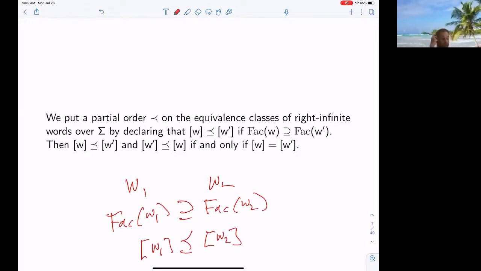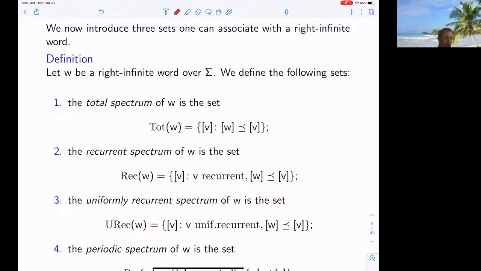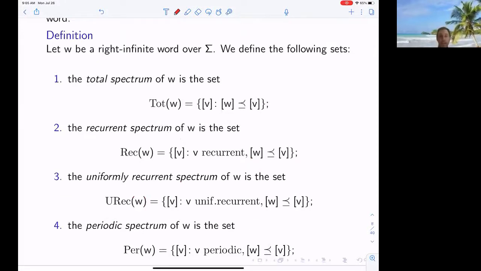And this is a well-defined partial order, and nothing really deep. People who know about ideals will see that there's an ideal in a certain monomial algebra, and this is just the poset order on the set of monomials. So it's nothing too bad. And so now I would like to get at the objects that we're going to look at in this talk.